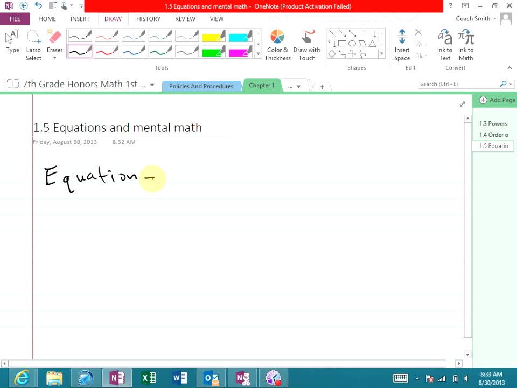Okay, I'm going to give you a definition directly out of the book. I have one that I use quite a bit, but I want to try to stay in the book, so if you need to ever go back and look at it.